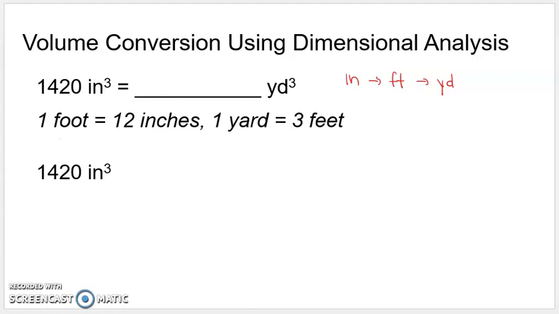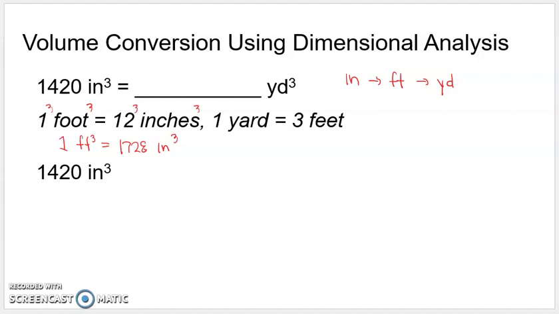1 foot cubed, I cube everything, is equal to 12 cubed, and 12 cubed is equal to 1,728 inches cubed. I cubed everything.